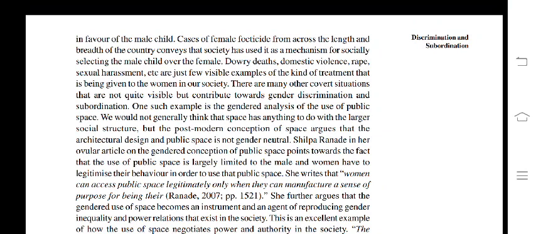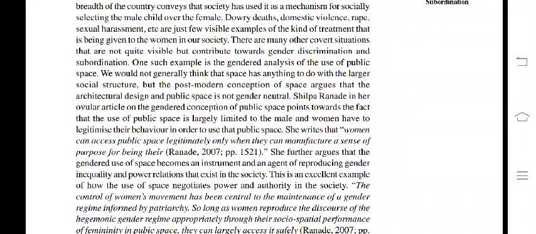Ranade, 2007. She further argues that the gendered use of space becomes an instrument and an agent of reproducing gender inequality and power relations that exist in society. This is an excellent example of how the use of space negotiates power and authority in society.